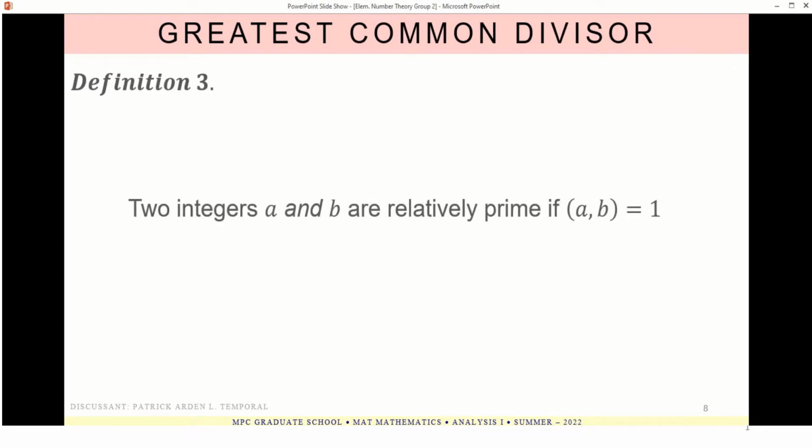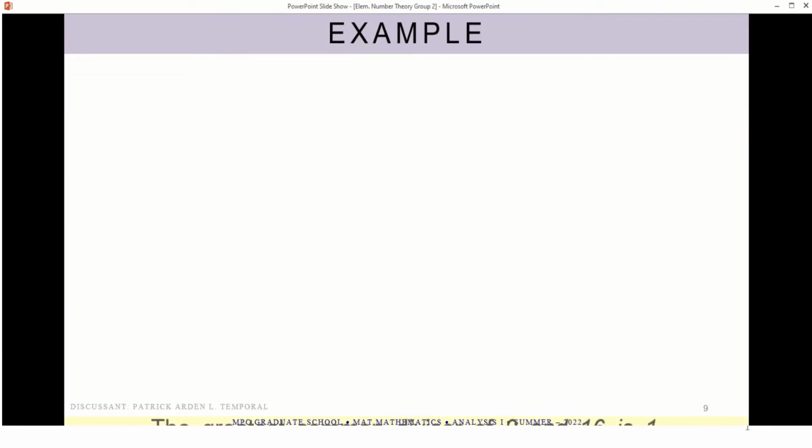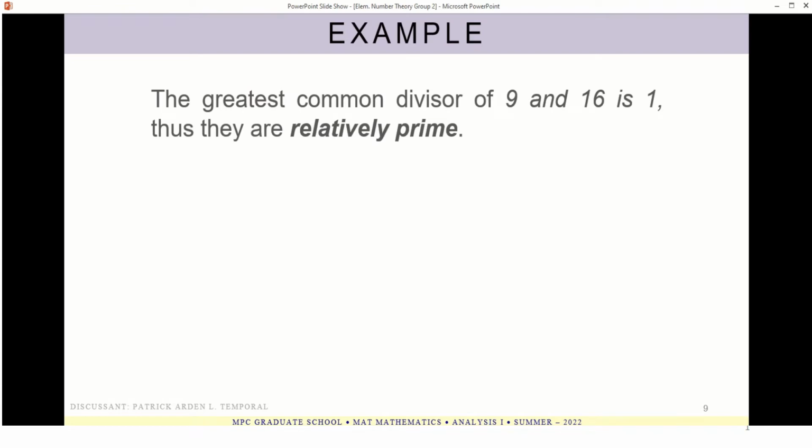Two integers a and b are relatively prime if (a, b) is equal to 1. The greatest common divisor of 9 and 16 is 1, thus they are relatively prime.